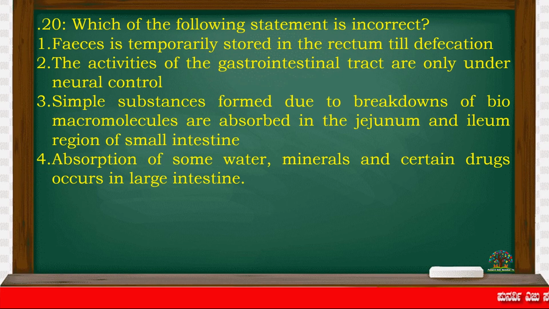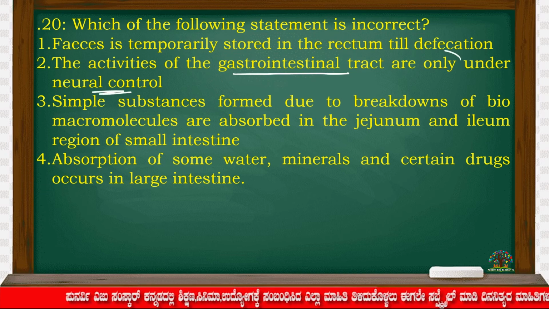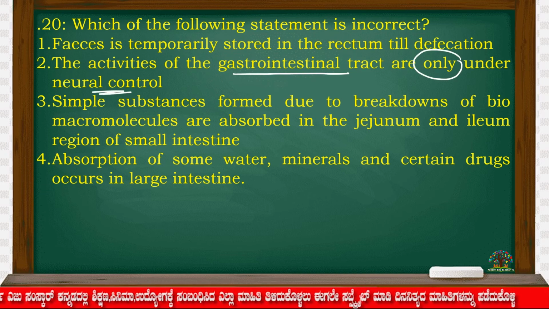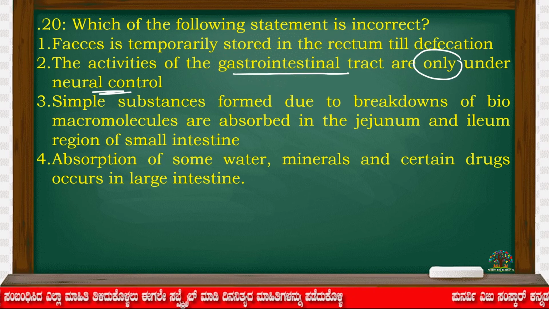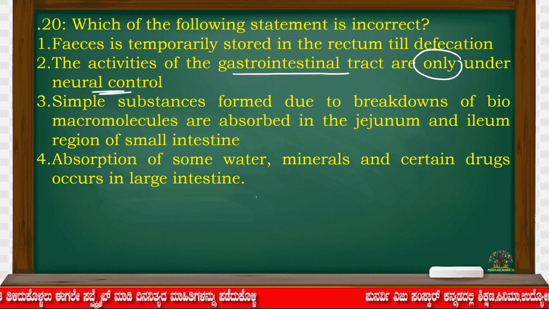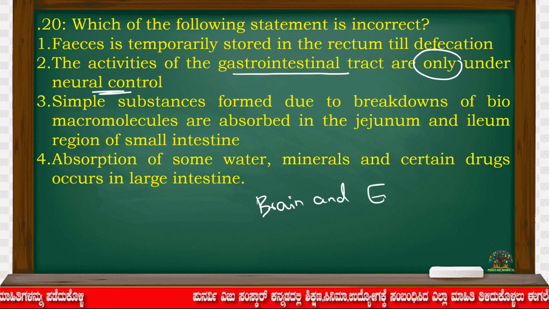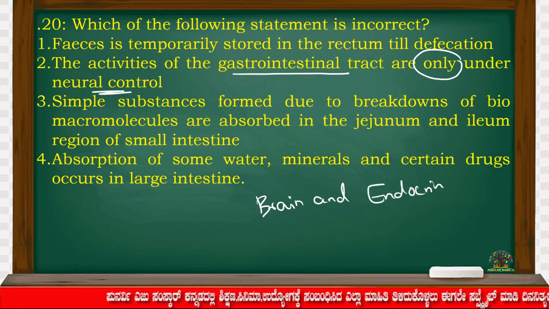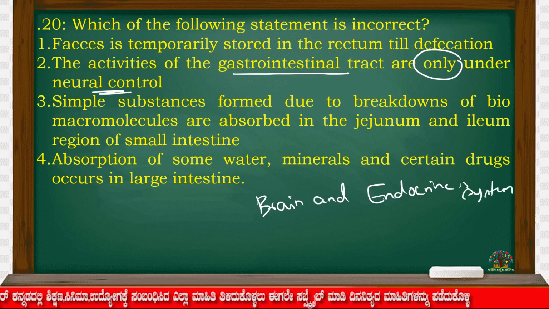So before we analyze each point, let us see option number 2 and read it again. The activities of the gastrointestinal tract are only under the neural control. Emphasize the word only. Basically, the gastrointestinal activities are under the control of the brain and the endocrine system. What does the brain do?